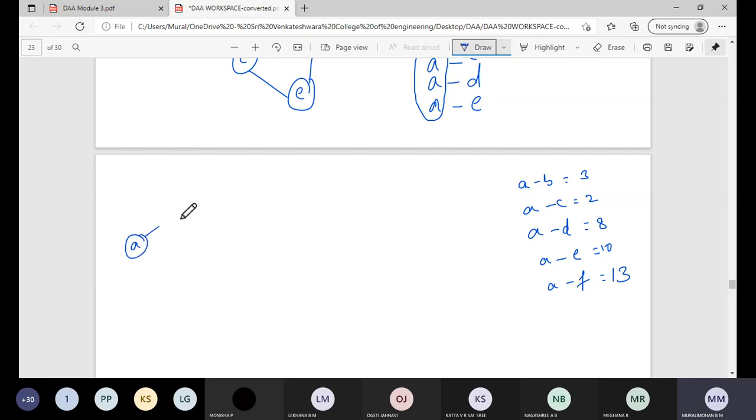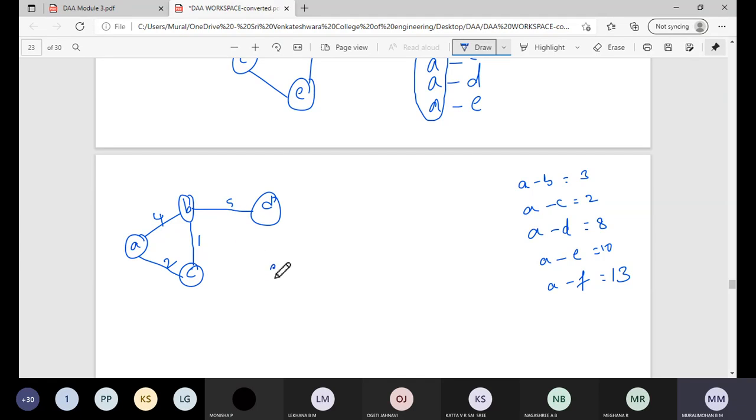Here we are having B, and the weight is 4. Similarly, here the vertex is C, and the cost of this edge is 2. From B to C we are having cost 1. Next vertex D, so B to D the cost is 5, right?